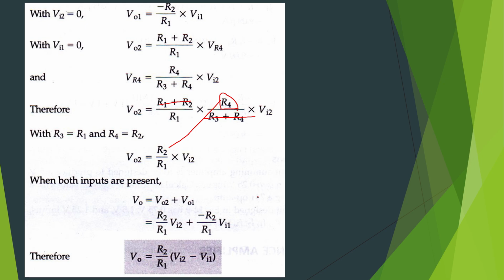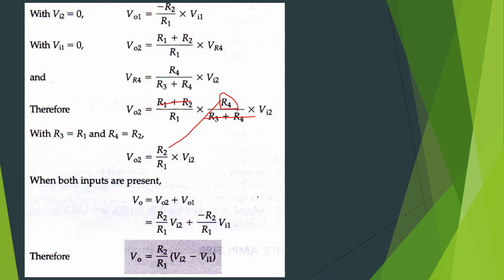When both inputs are present, the output voltage V0 is V02 plus V01. So substitute these two. V0 is R2 divided by R1 into VA2 plus minus R2 divided by R1 VA1. R2 by R1 is common, so take it outside.